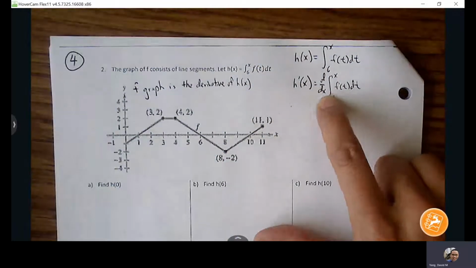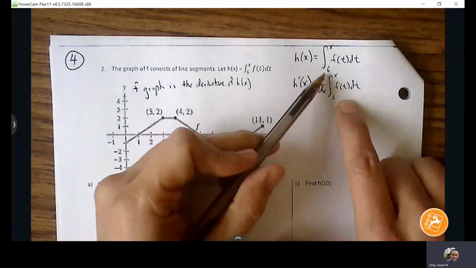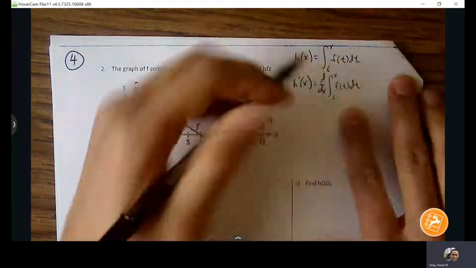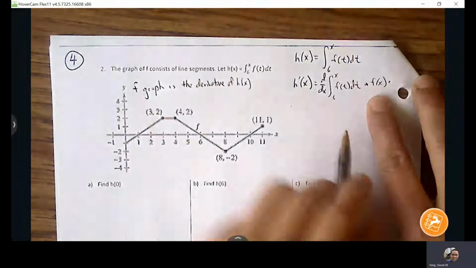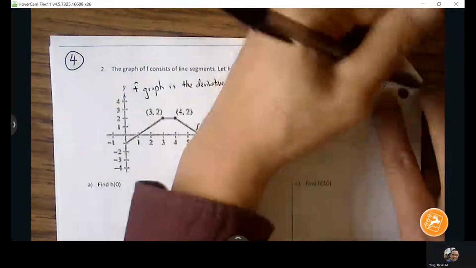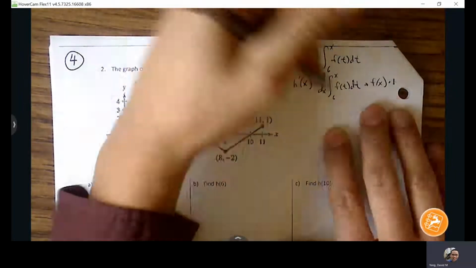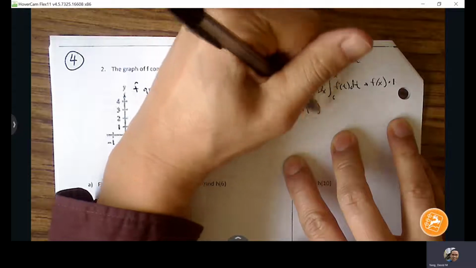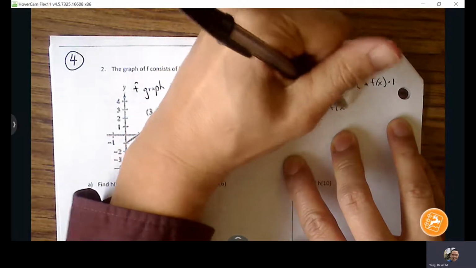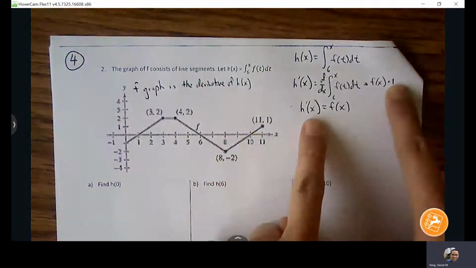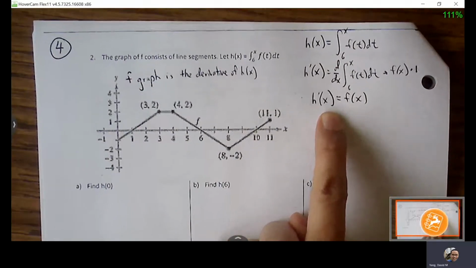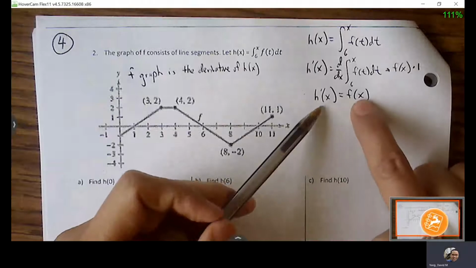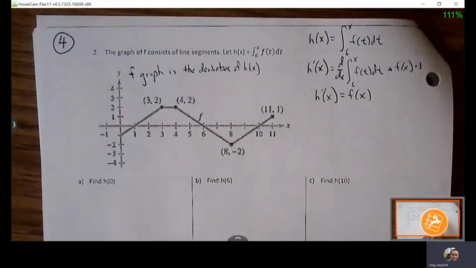We know these two operations cancel each other out. If I plug x in for t, I get f of x times the derivative of the upper bound, which is times 1. So we know that h prime is equal to f of x. We've already established that, but we just want to show why that's the case. So h prime is f. We see that staggered relationship there.